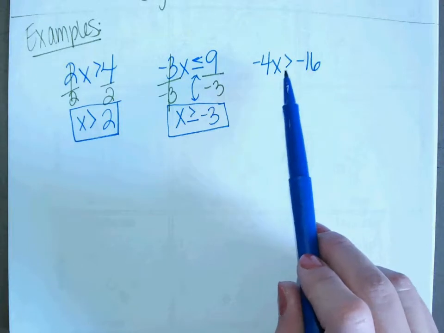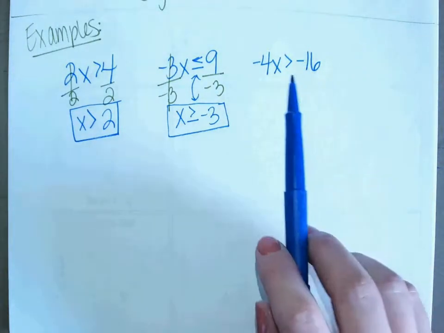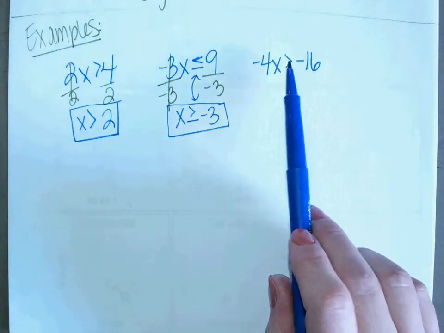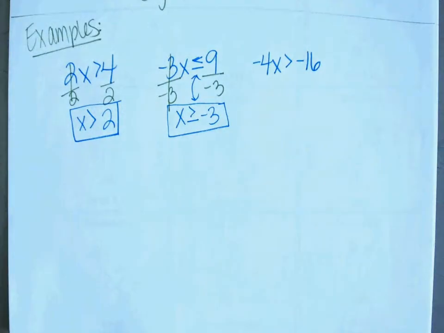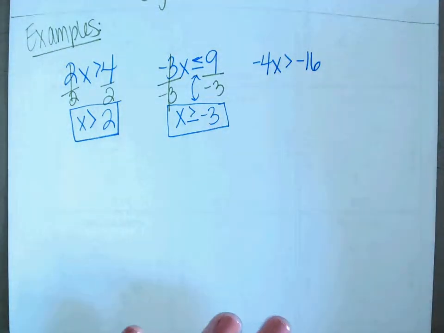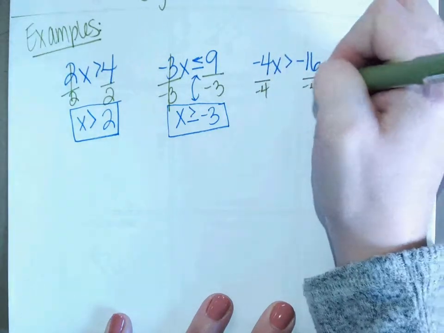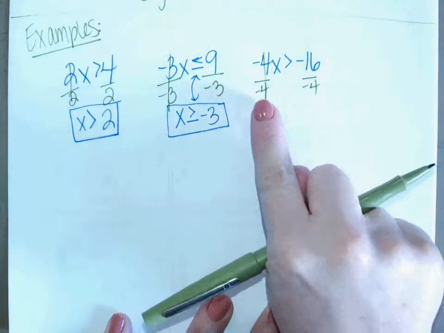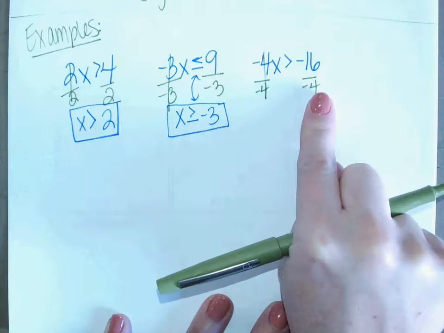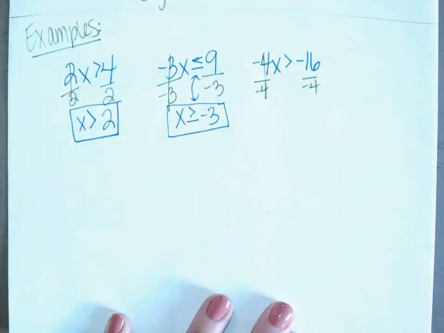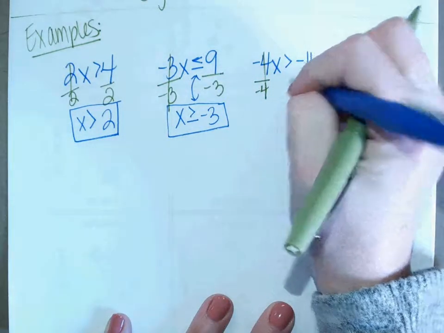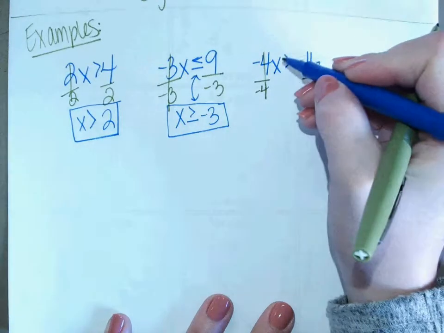Negative 4x is greater than negative 16. How do you solve for x? Divide by negative 4 on both sides. Okay, is what you did on both sides a negative? Yes. Then what happens to this sign? Doesn't it stay the same?